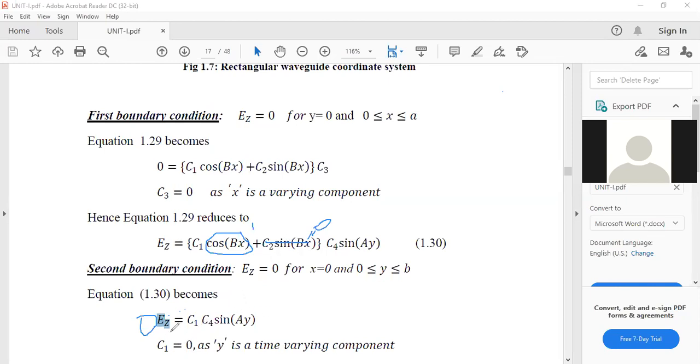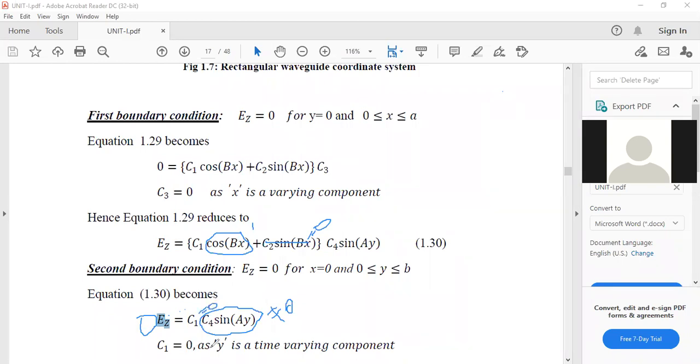Now we have only 0 is equal to C1 C4 sin Ay. Now y is a time varying component, so this is a time varying component. The product is 0, and this is non-zero, this is non-zero, but the product is 0. That means when the product is 0, C1 should be 0.